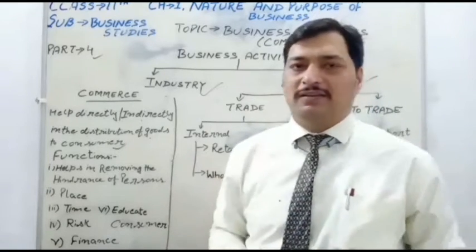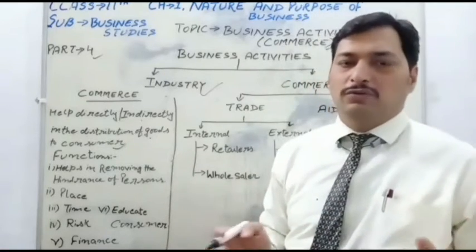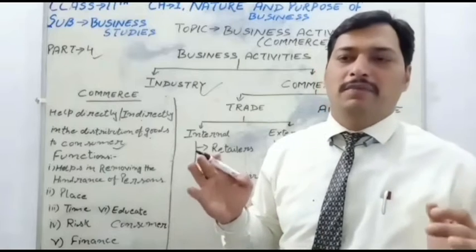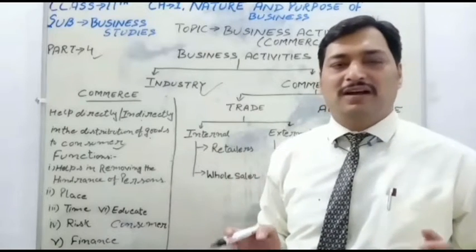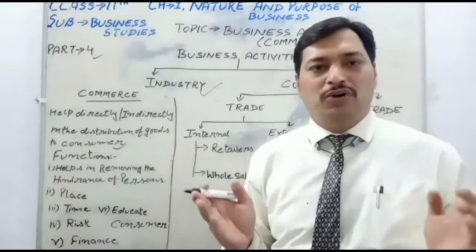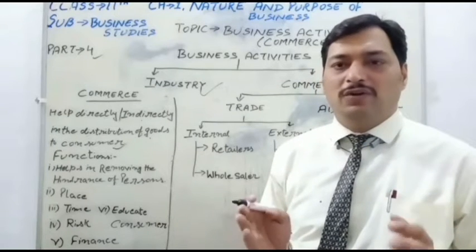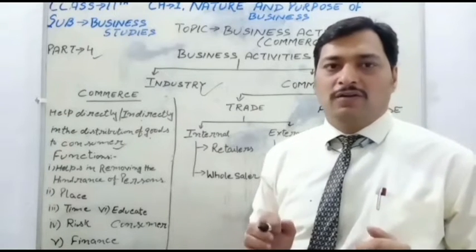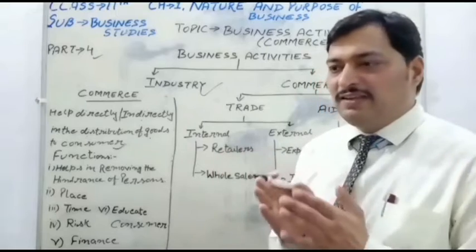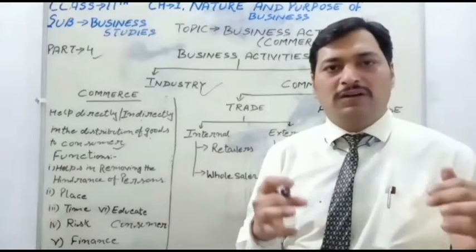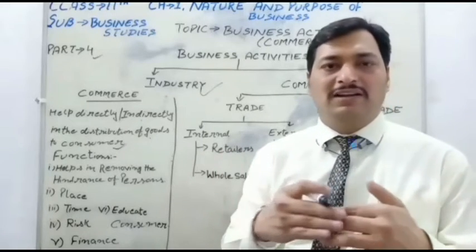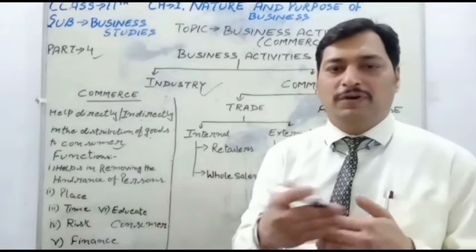And here is one more example. After manufacturing the goods, the manufacturers or producers are always engaged in production, and they don't have knowledge about the taste of the consumer. Who will make this easy? The customers have no relationship with the manufacturers and producers.